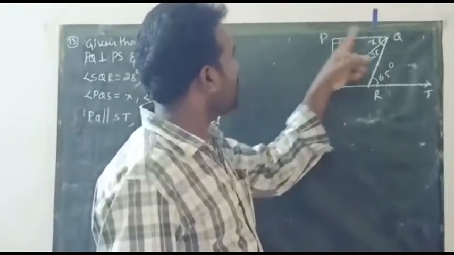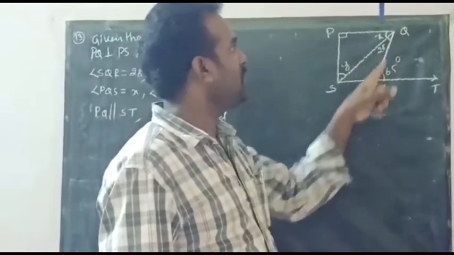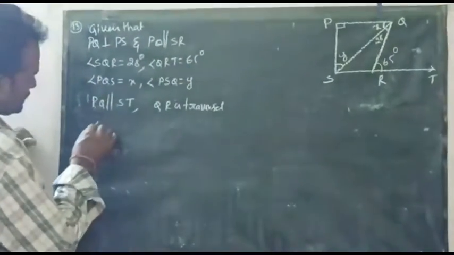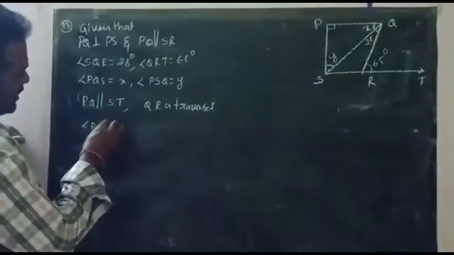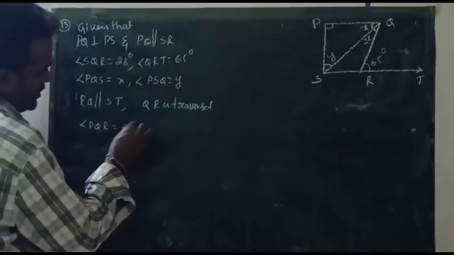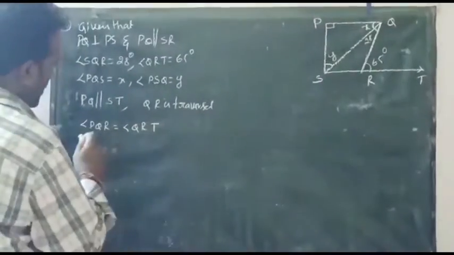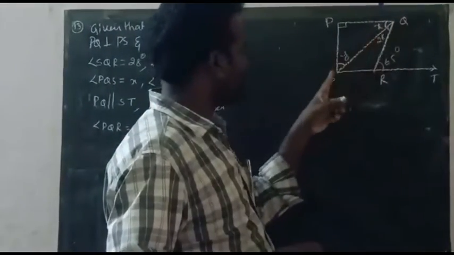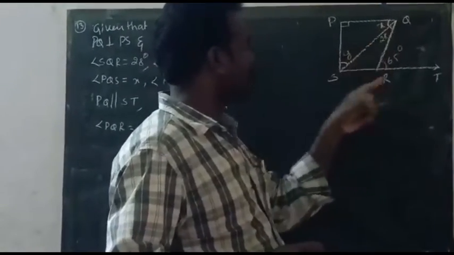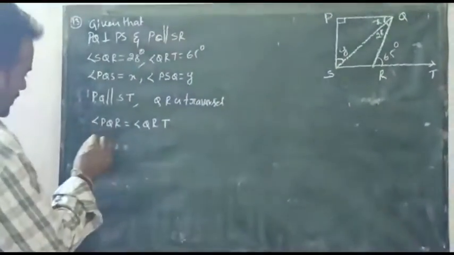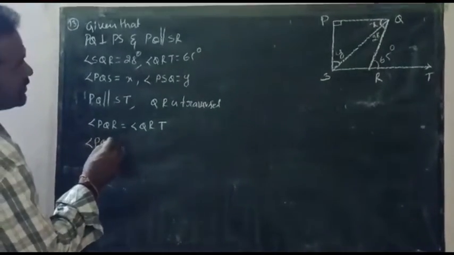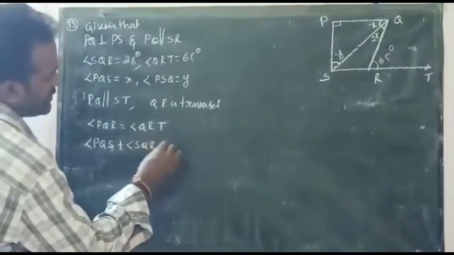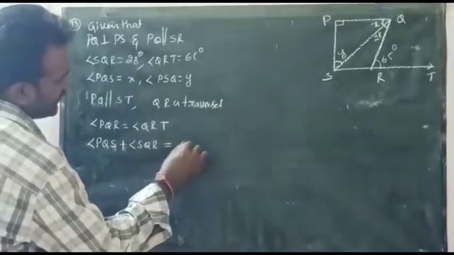So angle PQR is equal to angle QRT. Angle PQR means angle PQS plus angle SQR, or not? Yes. Angle PQS plus angle SQR is equal to this angle, 65 degrees.